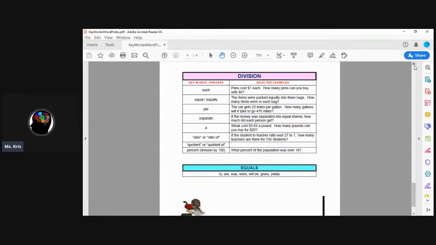So 100 out of 250 would be a decimal of 0.4. Now, of course, reducing wise, that would be 40 over 100, which of course would be 40%.